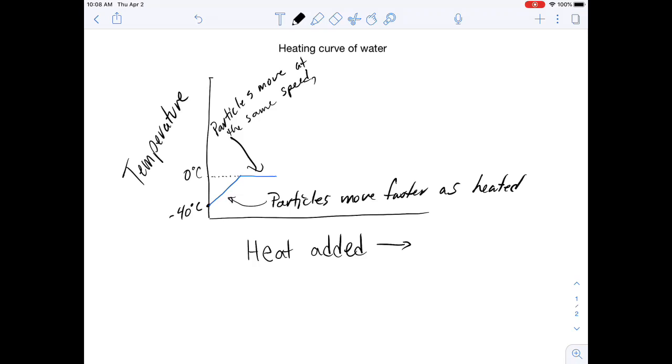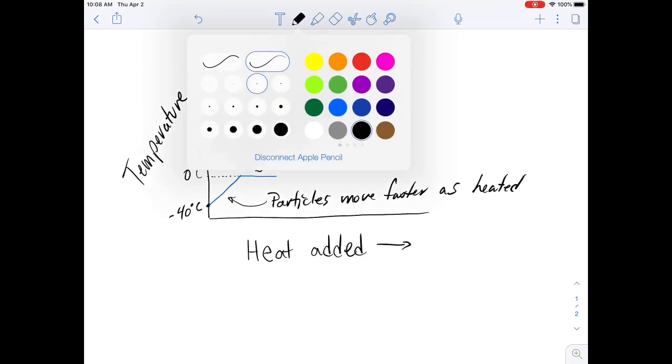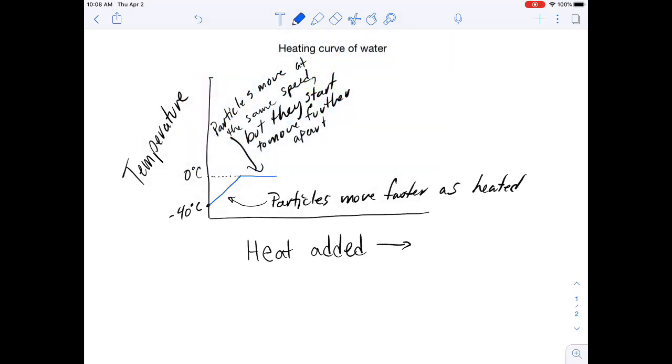So they're going to move further apart. And that breaking the bonds between the different water molecules is going to allow that water to go from being solid state to liquid state. And it keeps at 0 degrees Celsius until the particles become liquid.